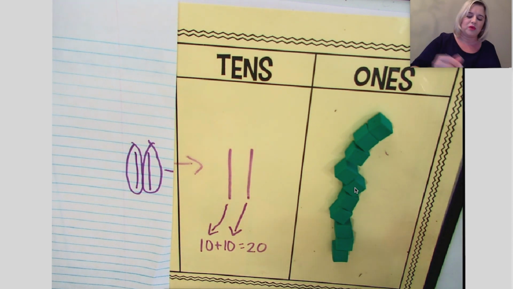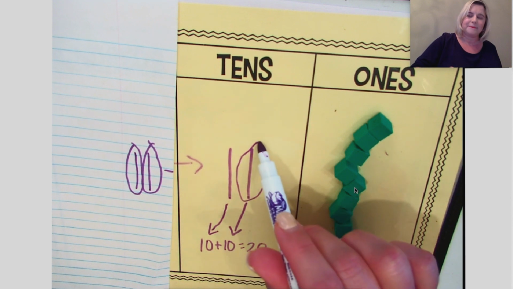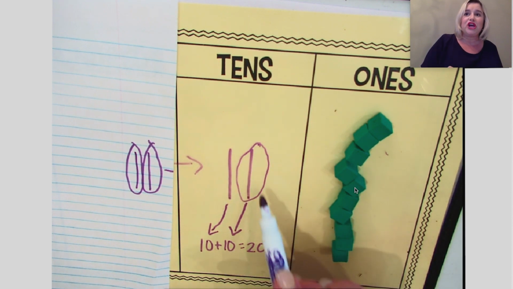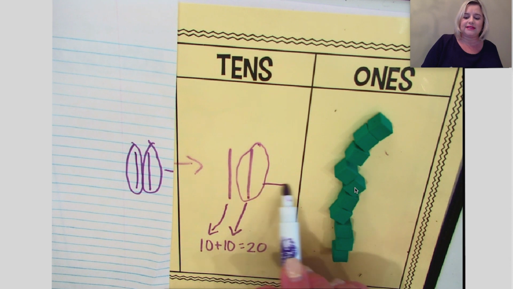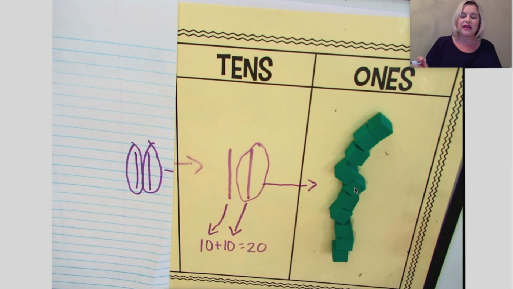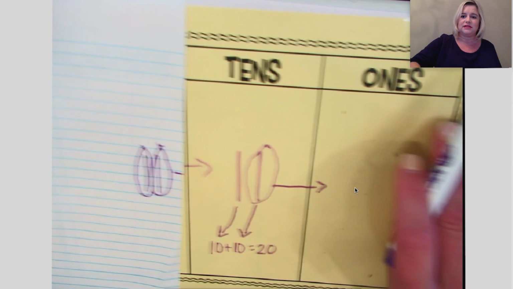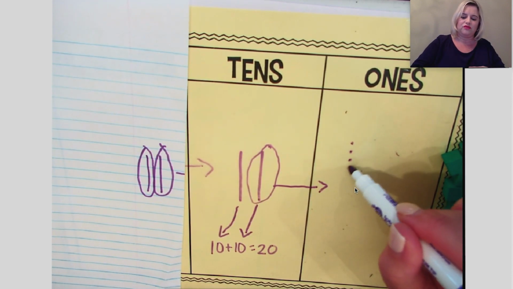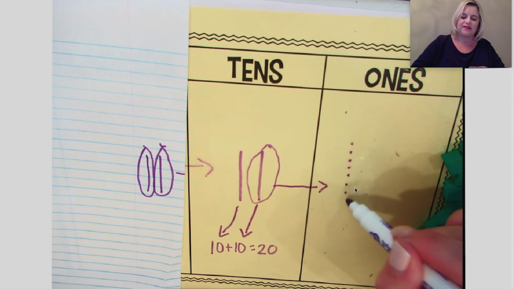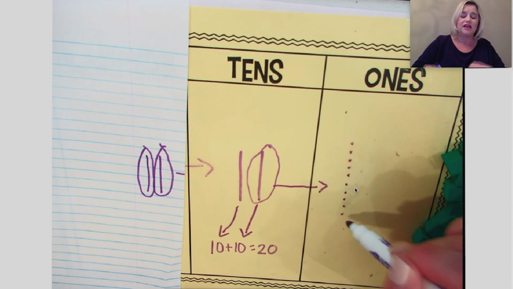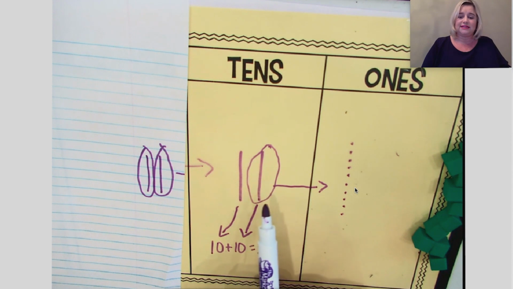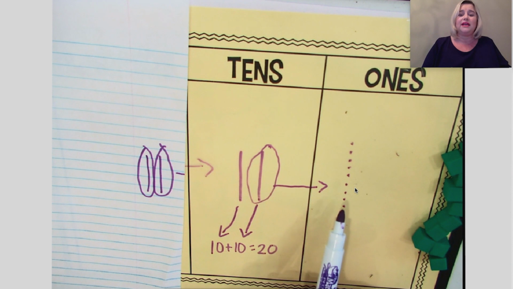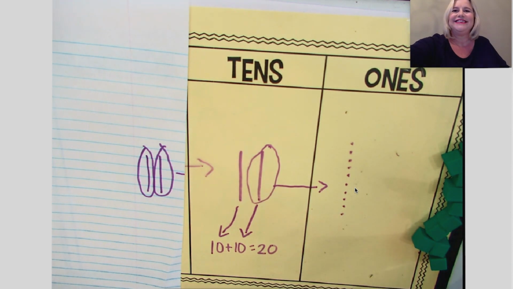And I am going to draw an arrow to show that we are trading in 10 ones, just like I did with the base 10 blocks. 1, 2, 3, 4, 5, 6, 7, 8, 9, 10. So I circled my tens. I drew an arrow to show that I'm moving the rod to the ones place, and I decomposed it into 10 ones.